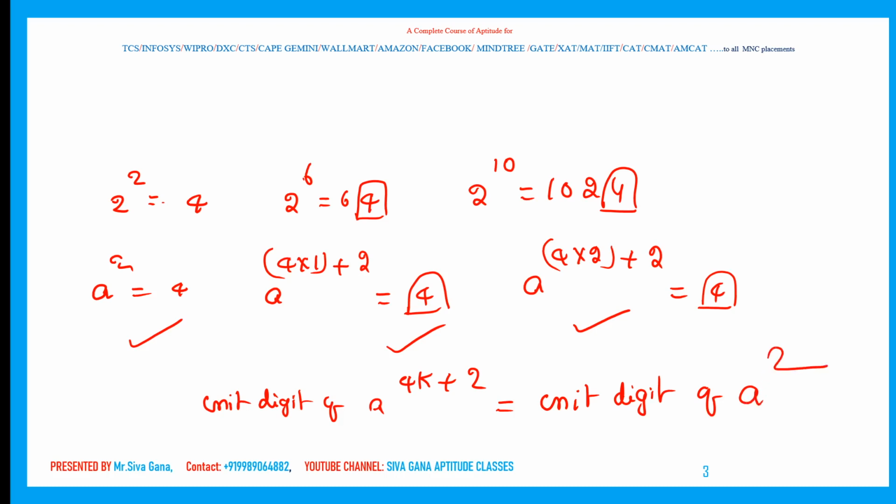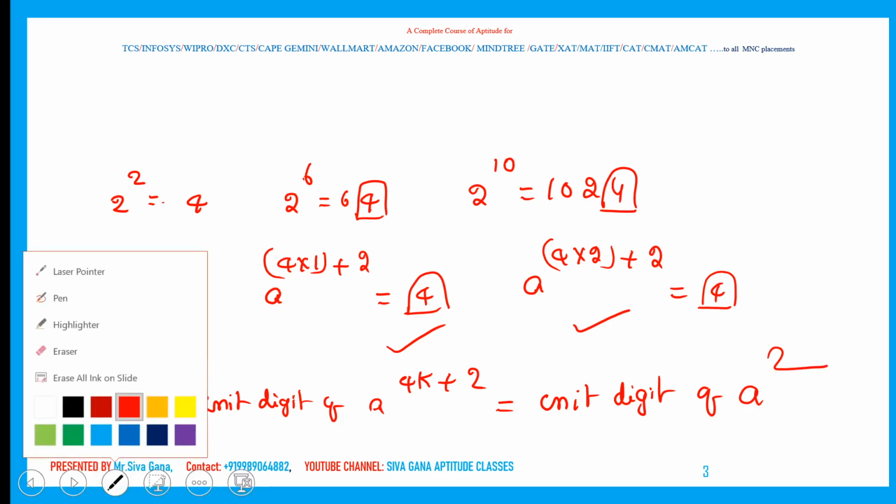Now the overall conclusions are: if the power is in 4k plus 1 form, its unit digit is the same as the unit digit of a power 1.